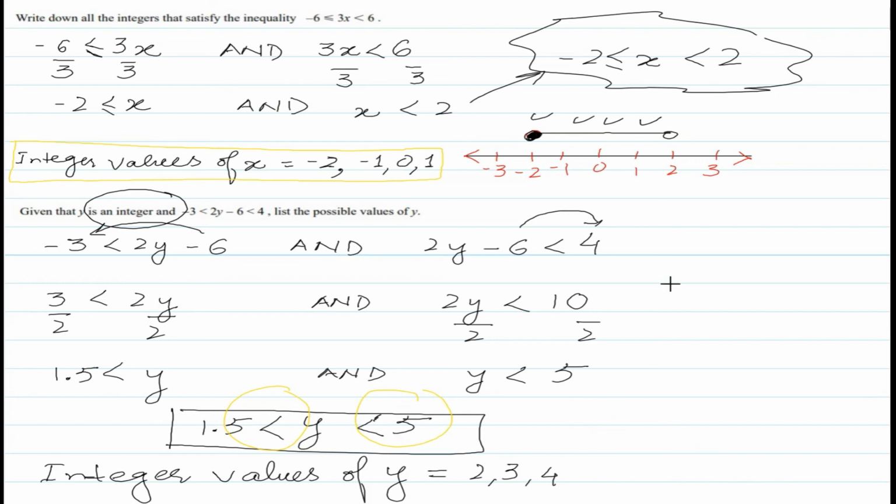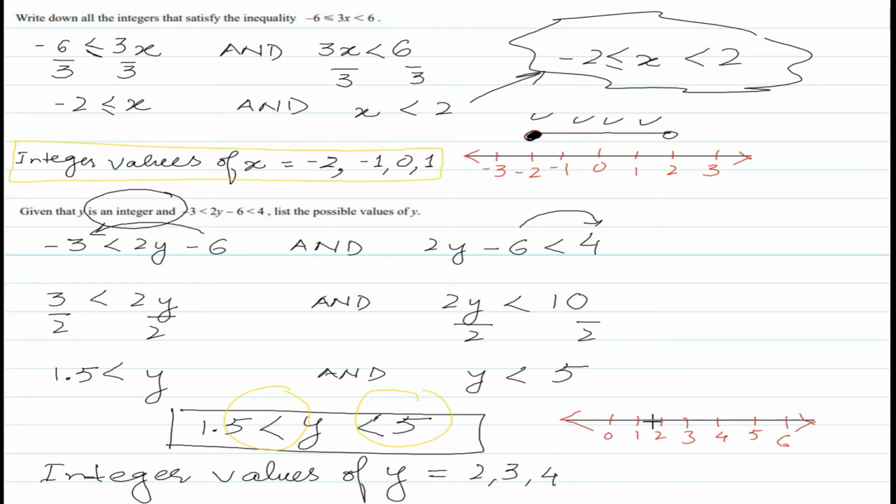If you need to draw this on the number line, you can draw it. Let's draw the solution on the number line again. Zero, 1, 2, 3, 4, 5, and 6.